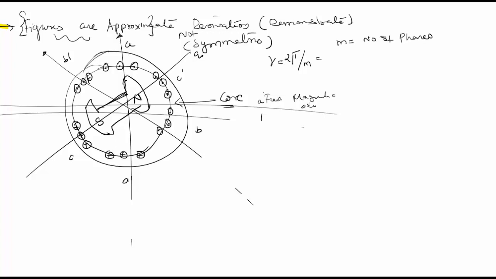So this is equal to 2 into 180 divided by 3, which is equal to 120 degree. My voltages EA, EB and EC, being generated in the phases, have a phase difference of 120 degree.